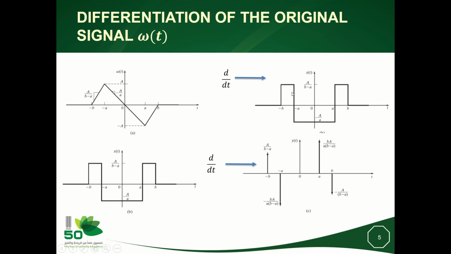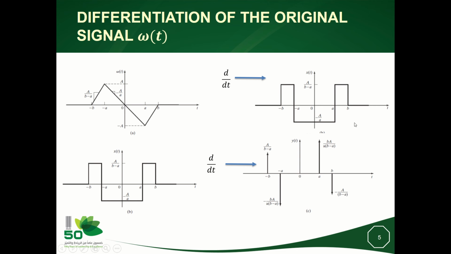When we arrive at the point minus a, we jump to this negative constant until we arrive here. And this line is parallel to this one, which means they have the same slope. When I differentiate this line with respect to time, I get the same thing as here, which is A divided by b minus a.